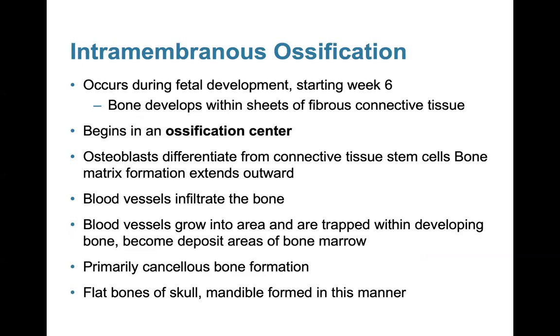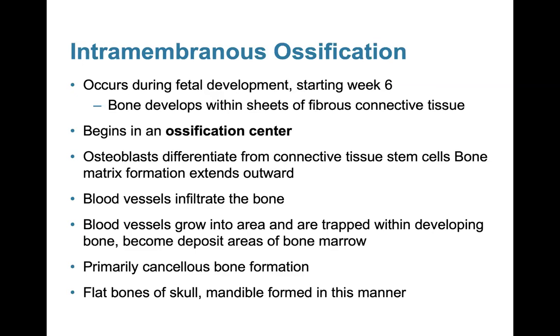Intramembranous ossification occurs during fetal development starting around week 6. Bone develops within sheets of fibrous connective tissue. It begins in an ossification center. Osteoblasts will differentiate from connective tissue stem cells. Bone matrix formation extends outward. Blood vessels will infiltrate the bone.